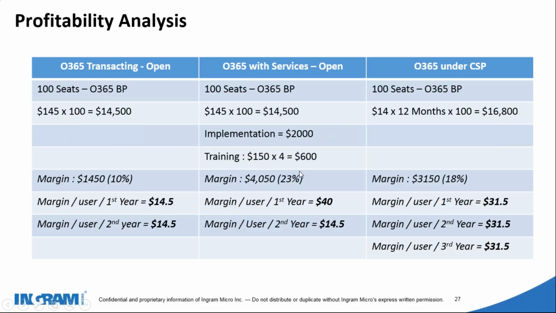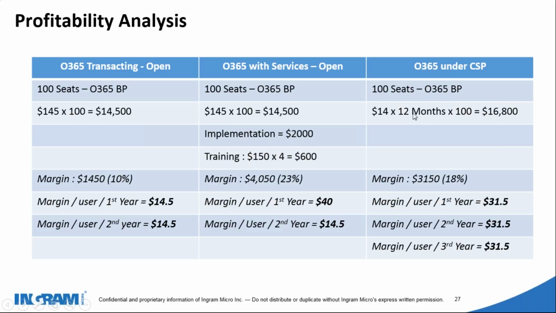If you add services, let's say you were able to sell implementation and training along with this, you made a little bit more dollars there, and your margin for the first year will bump up, but then your margin for the second year will drop down because those one-time services are gone.